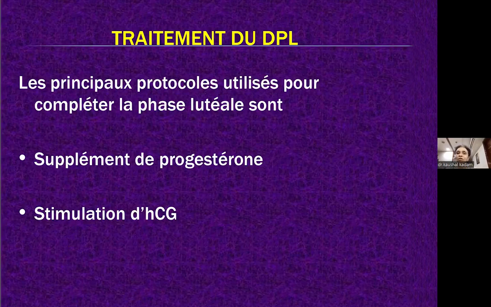Okay, so why do we have luteal phase defect in ART? It's because supraphysiological estrogen levels seen in controlled ovarian hyperstimulation protocols induce premature luteolysis. And the follicular phase downregulation may also impair the luteal phase luteinizing hormone release. Some protocols give only pure FSH, and that will also lead to a relatively low LH value.